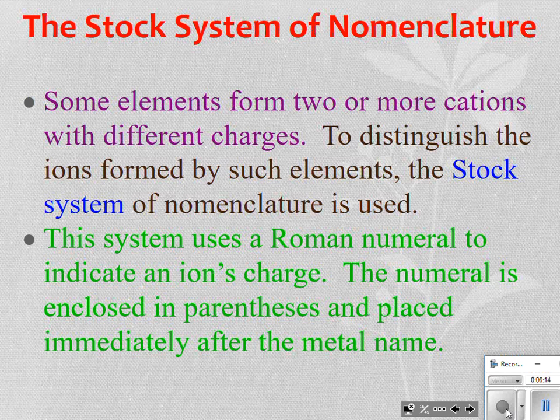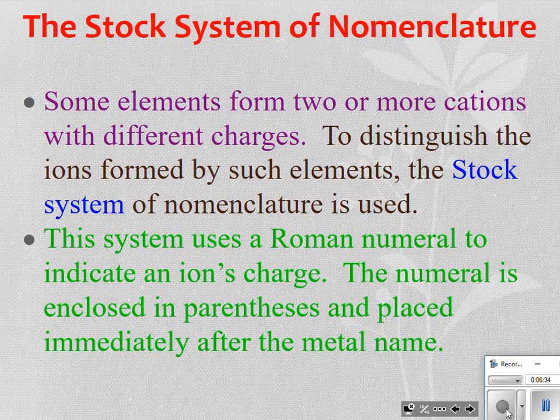Now, these are cations. We will always use the stock system on the cation. Well, I guess that's not totally true because we'll use it on molecular bonding later on.